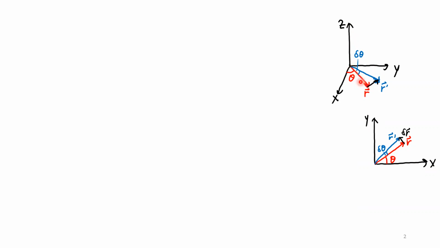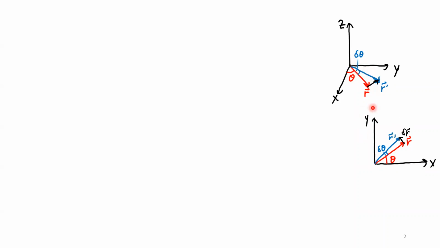For simplicity, imagine this red vector is lying on the xy plane. It is rotated by some angular displacement, delta theta, and I get to this blue vector, which is r prime. I hope this is clear.